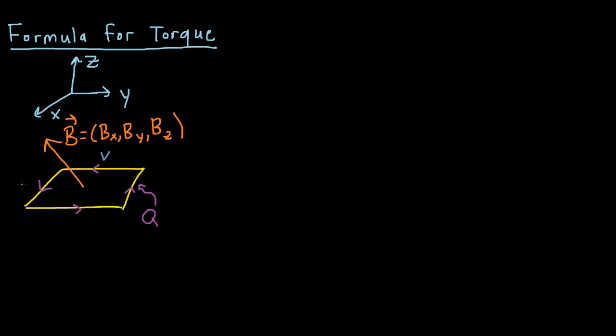So v is the velocity at which this total charge Q is circulating around the wire. And I should say what the length of this wire is. So here I've drawn it as a square, and the length of each side I'm going to call L.